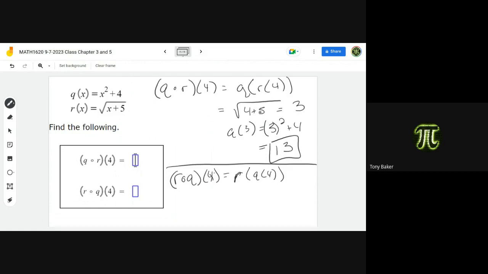So now we're going to plug 4 into the Q. So 4 squared plus 4 is 20. And then we do the R of 20. So equals the square root of 20 plus 5, which is 5.